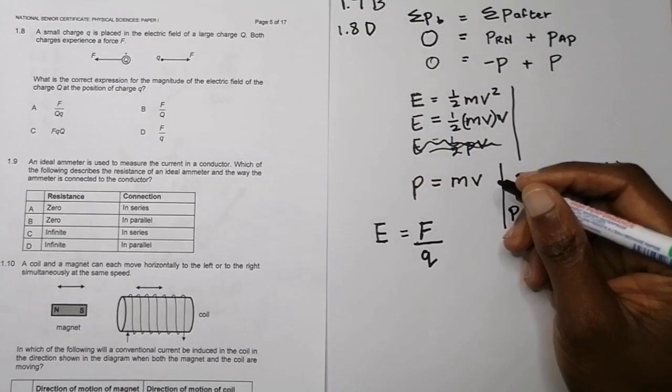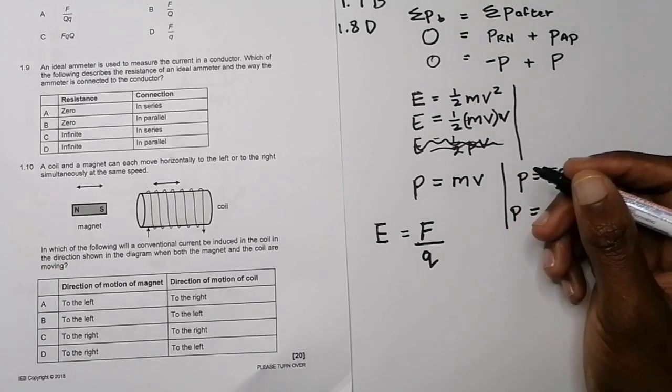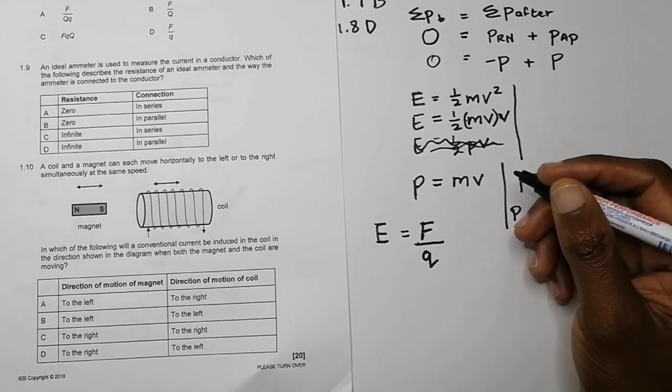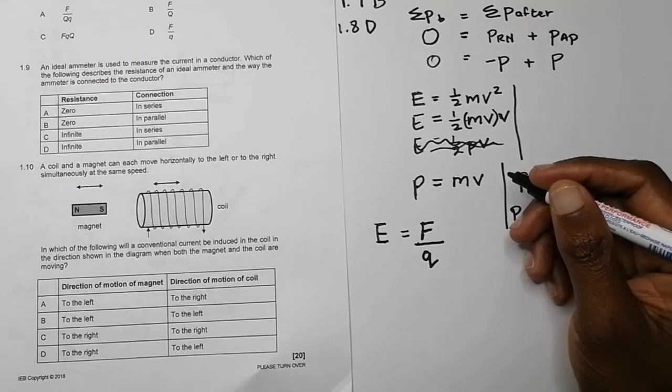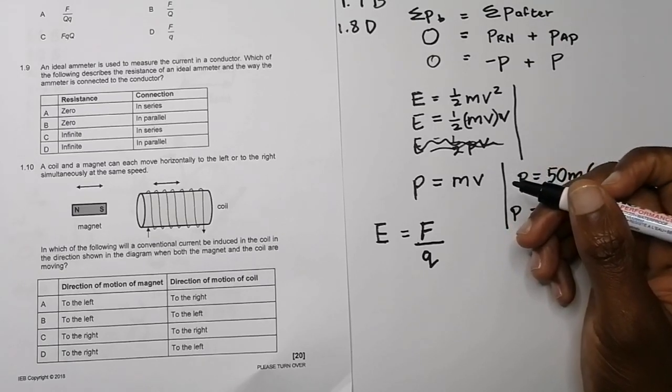All right, now let's get to the conclusion. We're at 1.9. They say an ideal ammeter is used to measure the current in a conductor. Which of the following describes the resistance of an ideal ammeter and the way the ammeter is connected to the conductor?